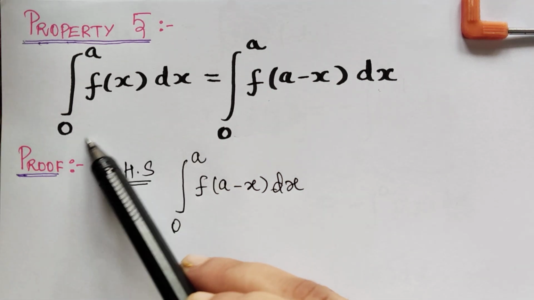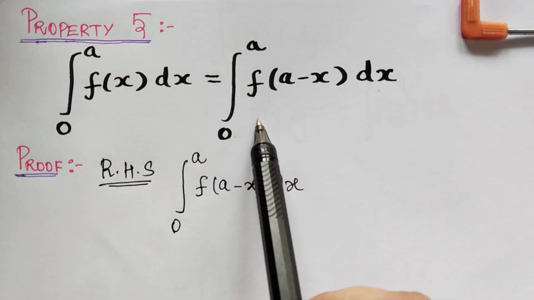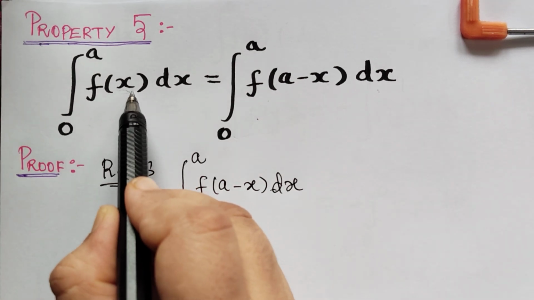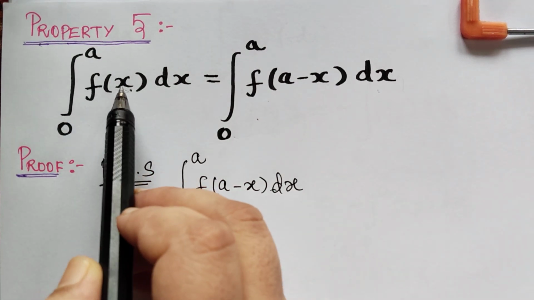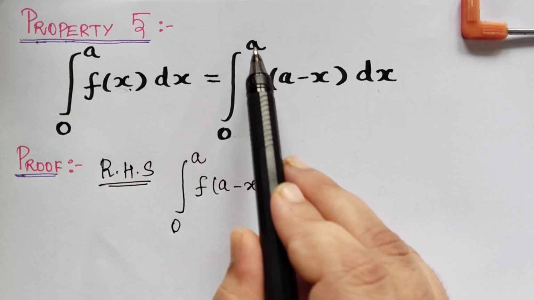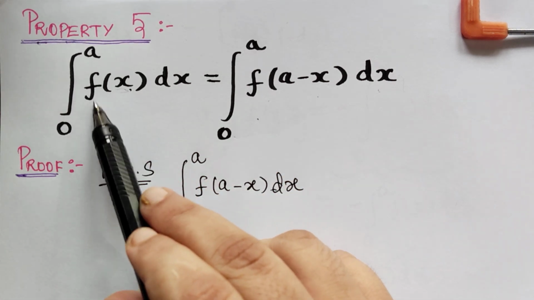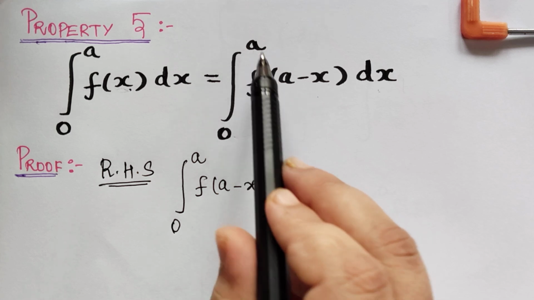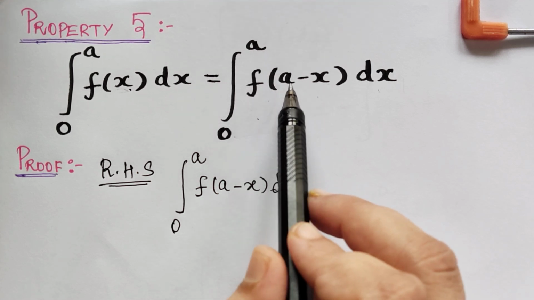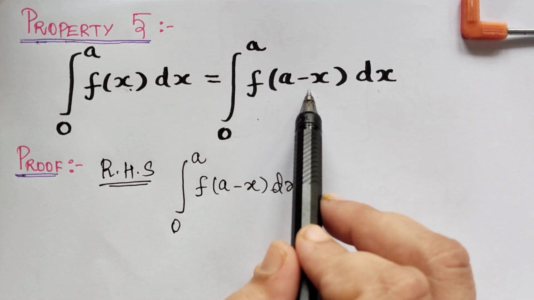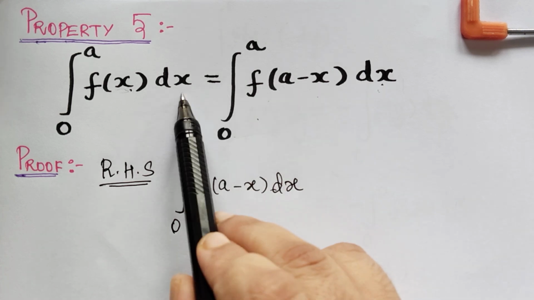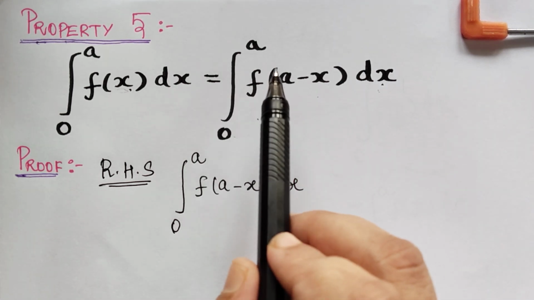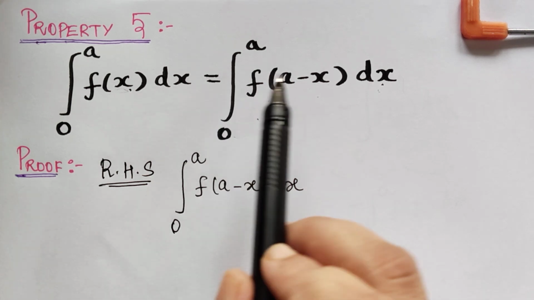So if you see, this integral can also be written as f of a function of the variable x can be replaced as the upper limit minus x. So remember, integral 0 to a f of x dx will be equal to integral 0 to a f of, upper limit is what? A. So it can be written as f of a minus x dx. So by doing so, the problem simplifies more easily. You will understand it while doing problems under this topic.